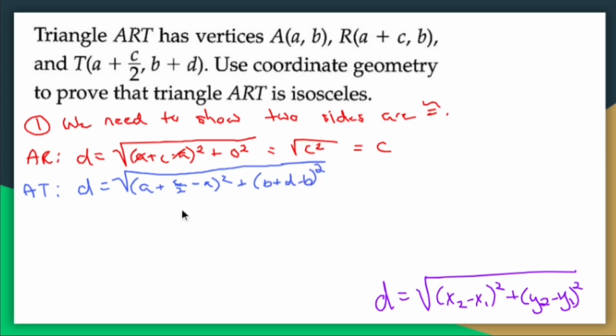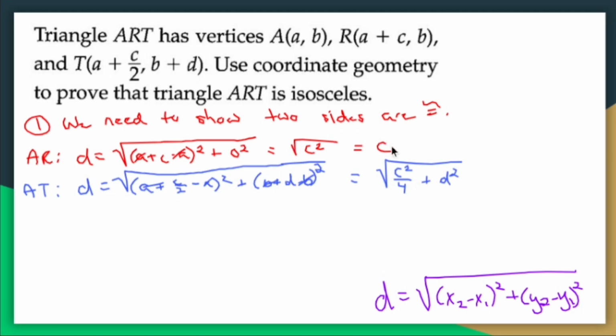Let's bring that root over. So that ends up being C over 2 squared, which is C squared over 4, plus just D squared. Let's leave it like that because it's not going to simplify any further. There's no tricks to find the square root of a sum. So let's leave it like that.